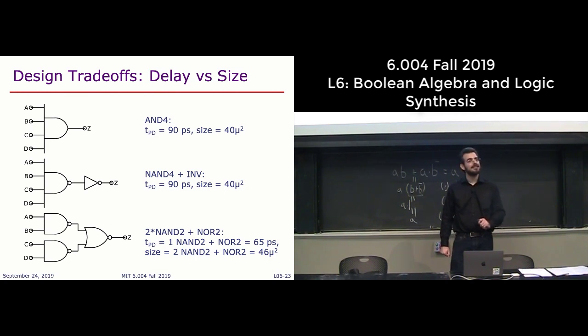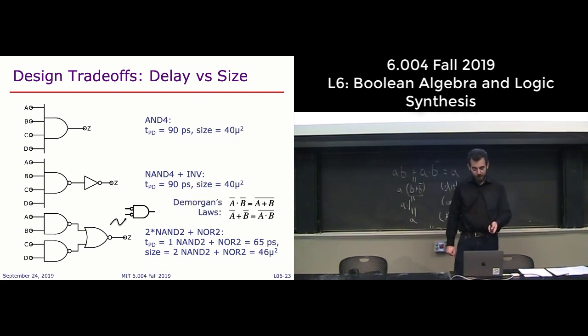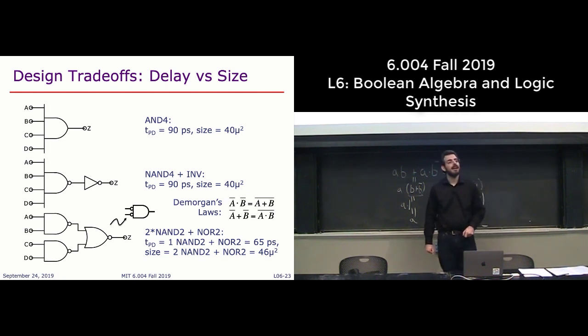This is equivalent to a 4-input AND gate, and this is because of De Morgan's law. It is equivalent to an OR gate with its 2 inputs negated, and so these bubbles essentially cancel, and you end up with AND.